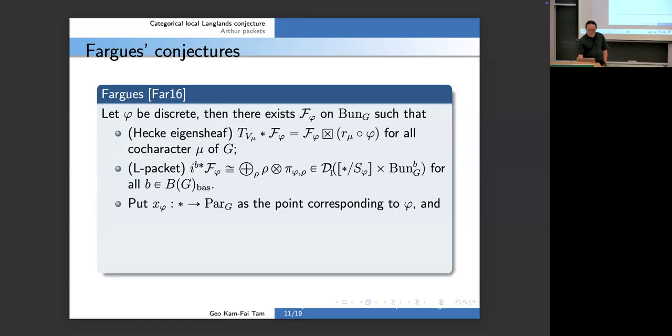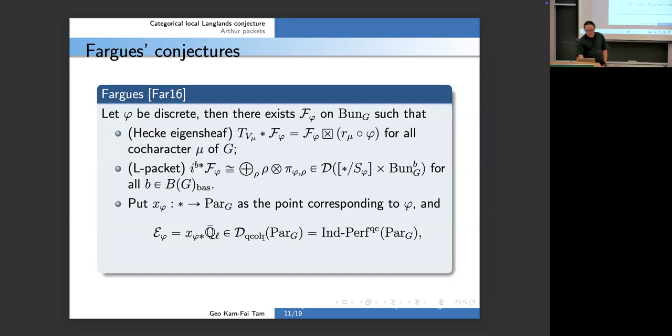Here it gives you a construction of this Fargues sheaf. You take the point that corresponds to this phi, and you push forward the trivial sheaf on the point. So this gives you sort of a skyscraper sheaf on Par G.